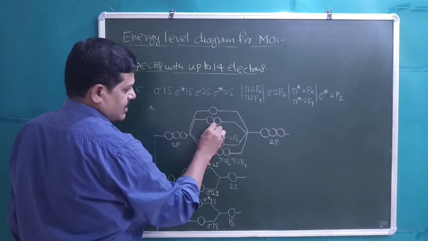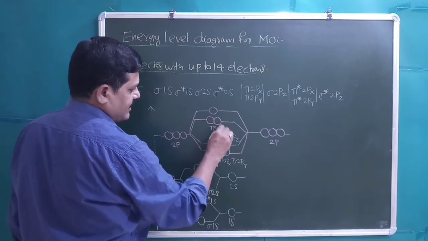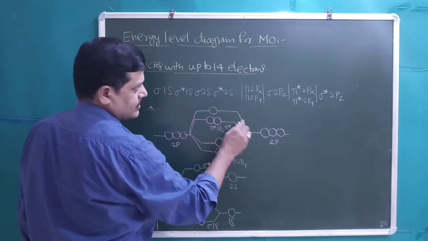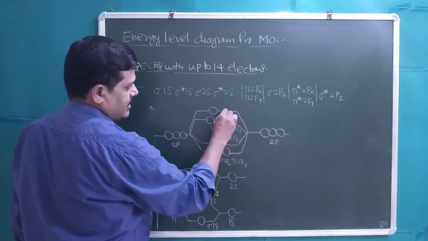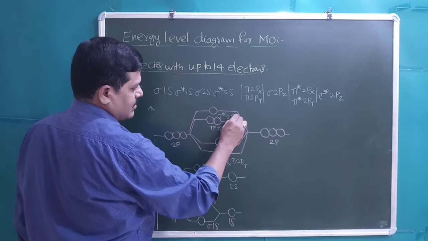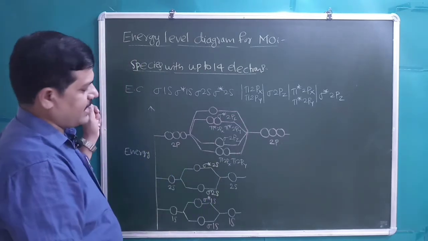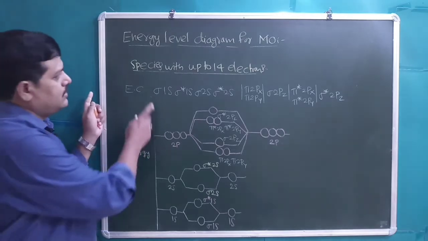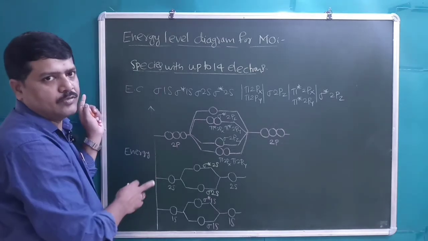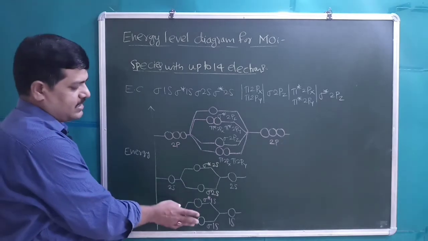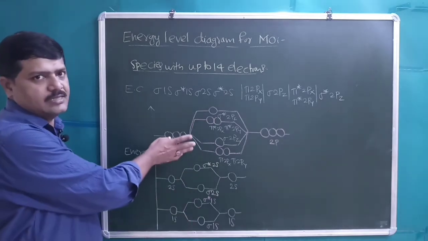The next two orbitals are pi star 2px and pi star 2py, and the next orbital is sigma star 2pz. Students, this is the energy level diagram for the species with up to 14 electrons. We have to follow this order, the increasing order of energy.